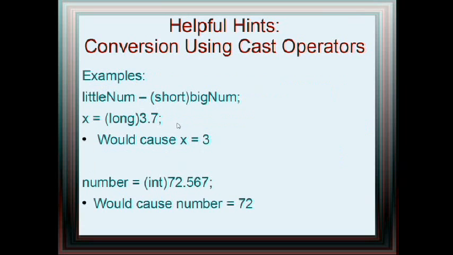More examples include x equals (long) 3.7. This will cause x to be 3 because long is almost analogous to the integer data type, which doesn't have decimals. And then down here we have number equals (int) 72.567. This causes number to be 72 through the above method.